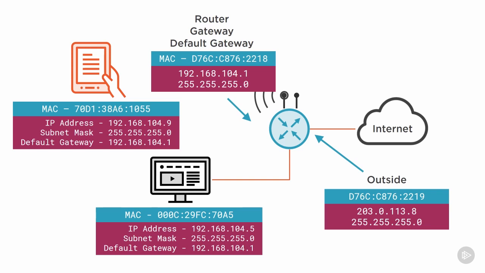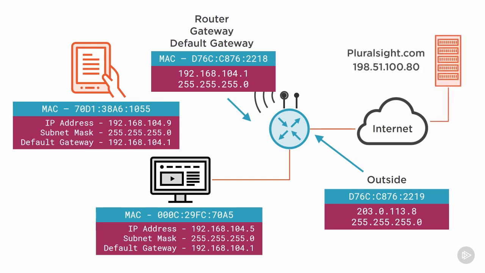So if we look there, 203.0.113.8 is the IP address of our outside interface. This is on a unique network from our inside devices. What this allows us to do is it allows us to send a message to Pluralsight.com on the global internet.